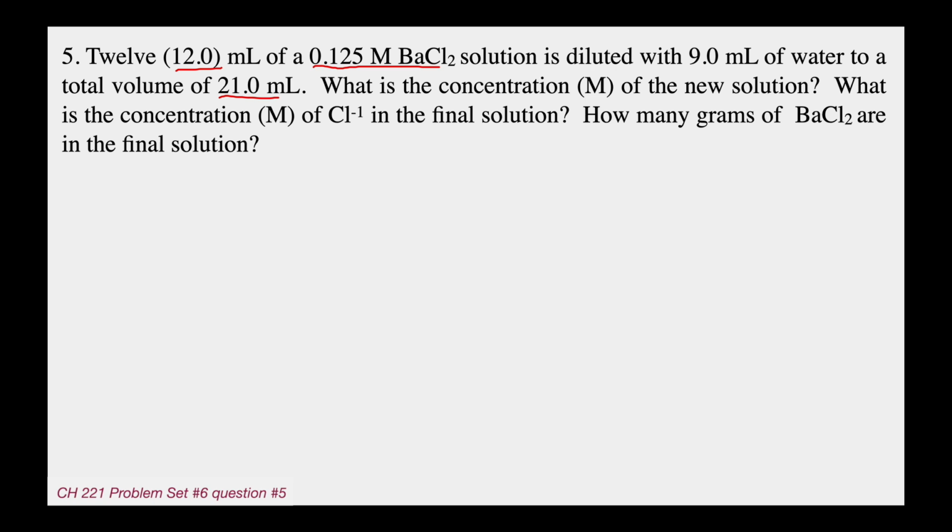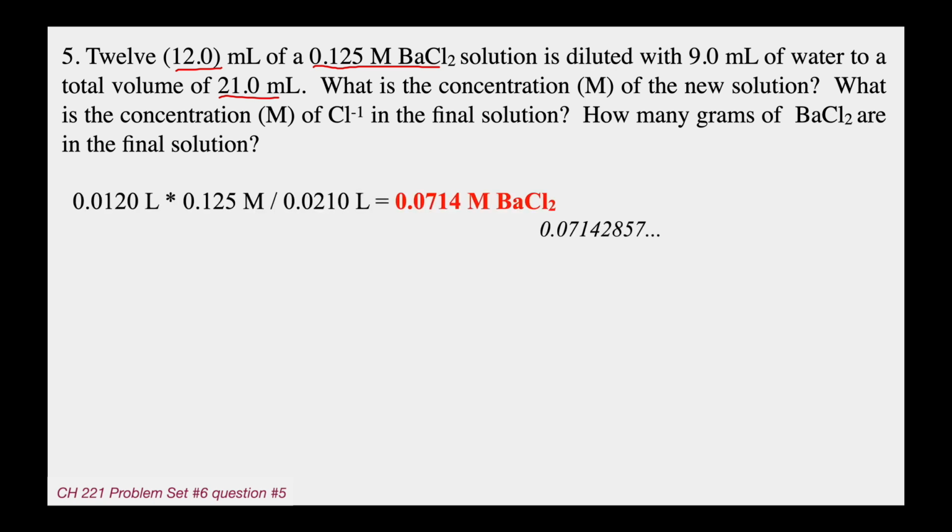So for this problem, M1V1 equals M2V2. M1 is 0.125, V1 is 12 milliliters. You don't have to change milliliters to liters. M2 is what we're solving for, and V2, the new total volume, is 21 milliliters. So you can see that M2 equals M1 times V1 divided by V2.